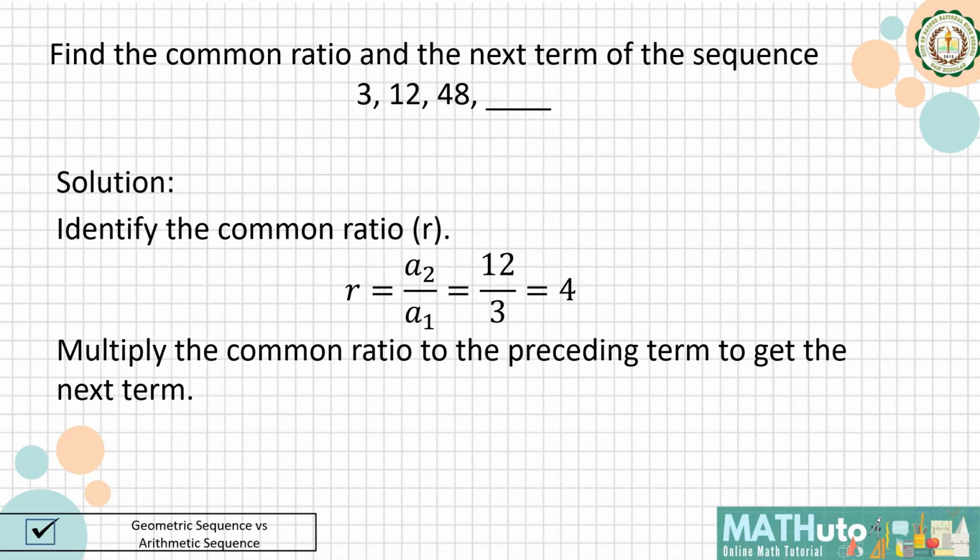From this, multiply the common ratio to the preceding term to get the next term. Since the common ratio is 4, and the last term given is 48, let us multiply 48 times 4, which will give us 192. Therefore, the next term in the sequence is 192.